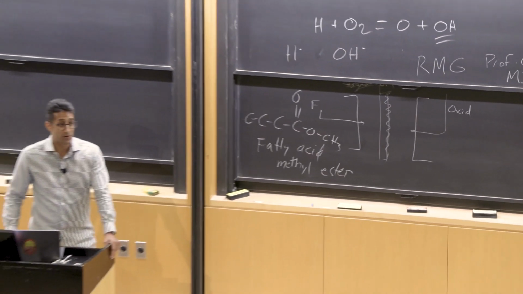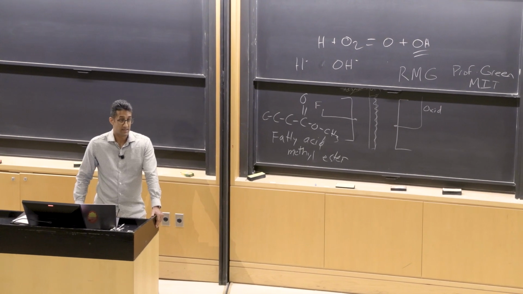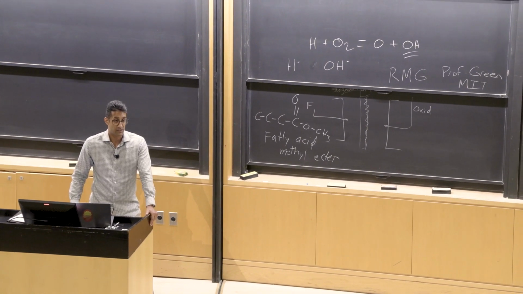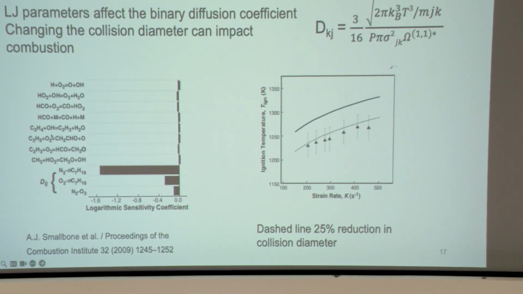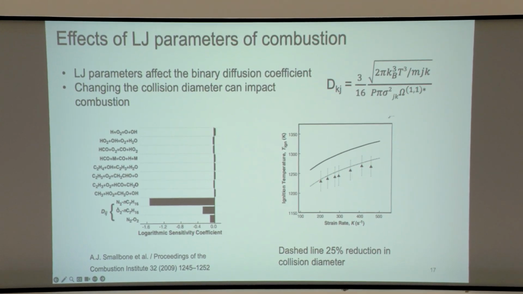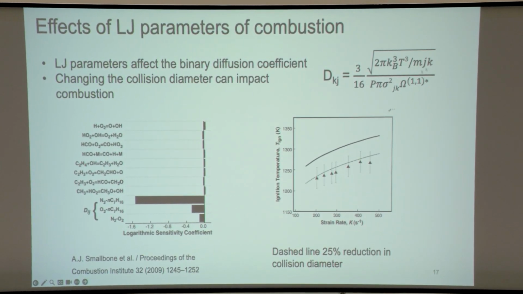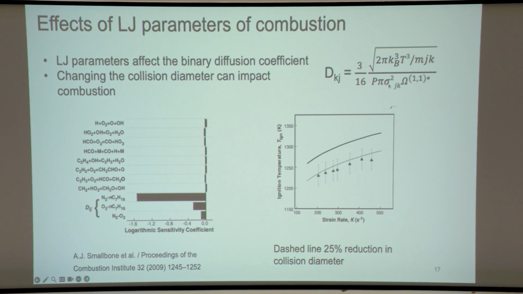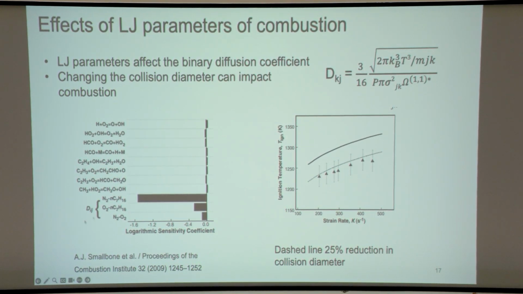That's an important property of a fuel which is used in the design of gas turbines, mainly because of high altitude extinction phenomena. They show here that the binary diffusion coefficient, which is a function of, as we said, the reduced mass, sigma, and the collision integral, can cause a significant error in the extinction strain rate.